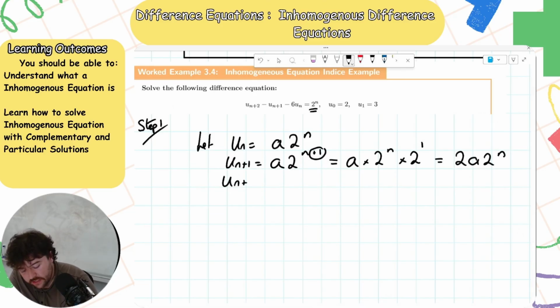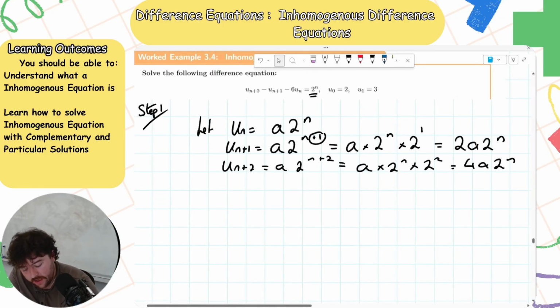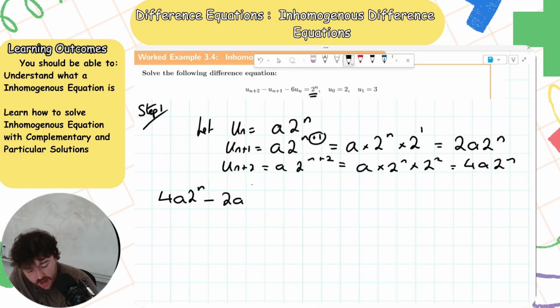And then un plus 2 is going to be a times 2 to the n plus 2, which is the same as a times 2 to the n times 2 squared, which is 4a times 2 to the n. Let's sub it in now. So I have 4a times 2 to the n minus 2a times 2 to the n minus 6 times a times 2 to the n equals 2 to the n.